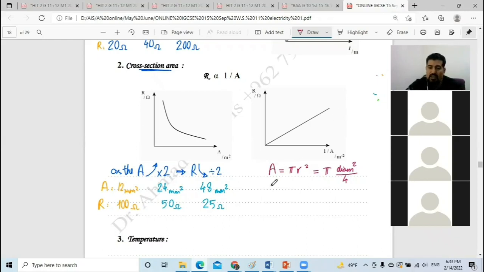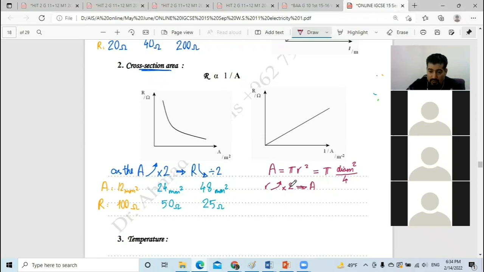Let me repeat the question. As the radius is increased, multiplied by 2, what will happen to the cross-section area of the wire? It will increase, multiplied by how much? Multiplied by 4.